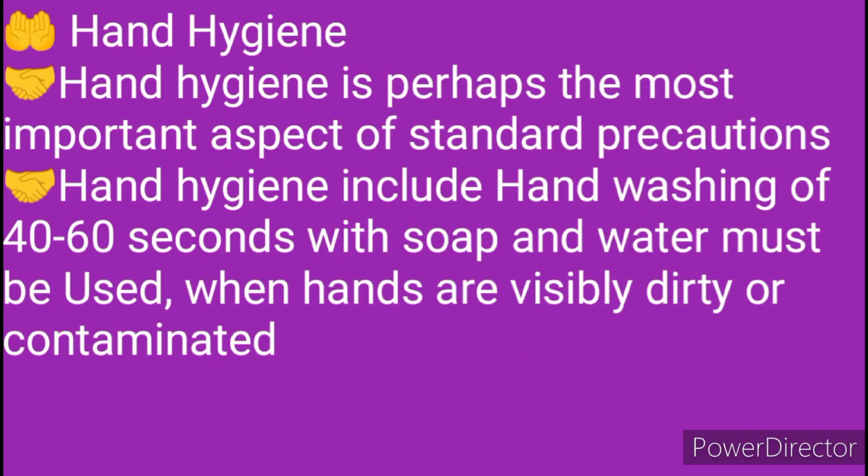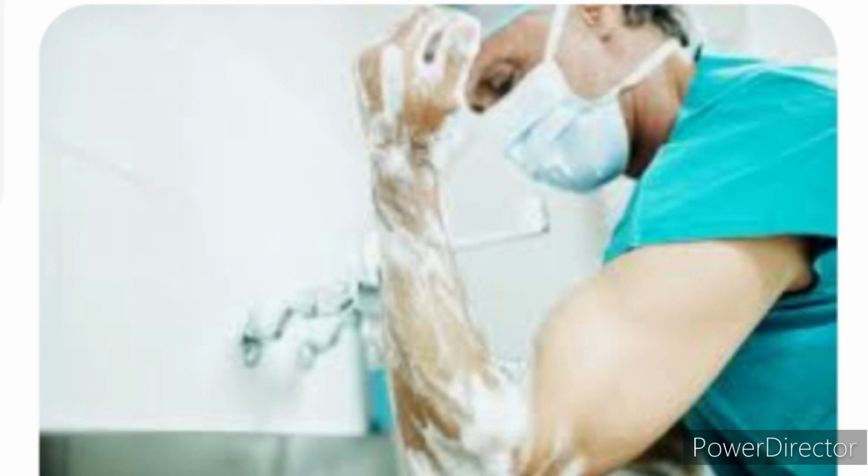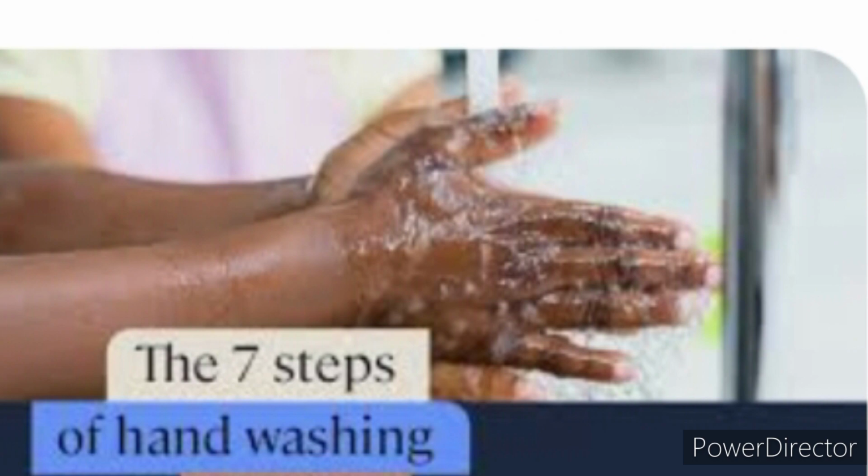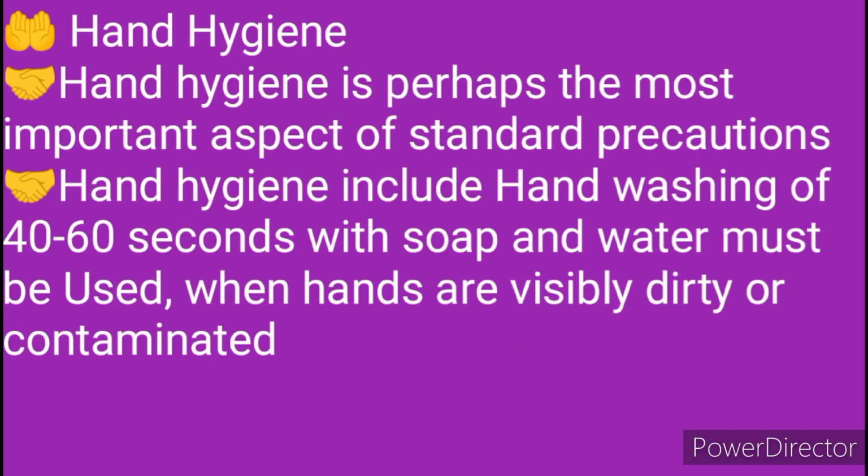Hand hygiene is perhaps the most important aspect of standard precautions. Hand hygiene includes hand washing for 40 to 60 seconds with soap and water, which must be used when hands are visibly dirty and contaminated.